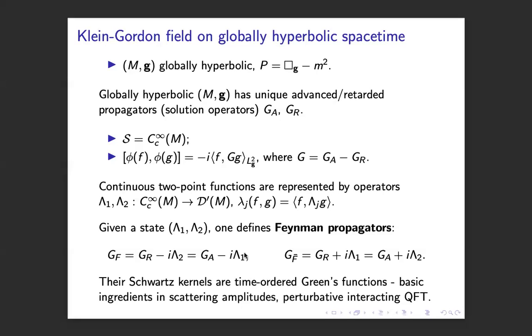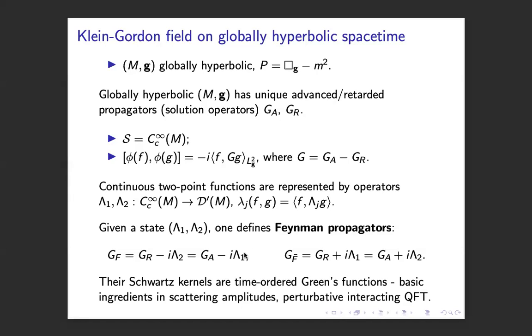I mean, this might look like a random expression, but the reason why this is the definition is because, first of all, these are also inverses for the wave operator, for the Klein-Gordon operator, because the G's are inverses and the lambdas are actually solutions of the Klein-Gordon operator.